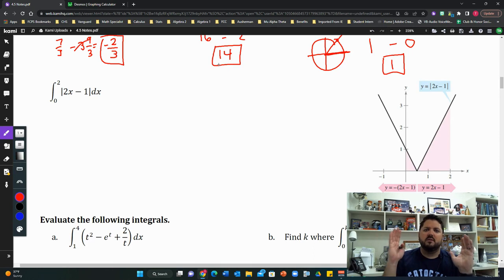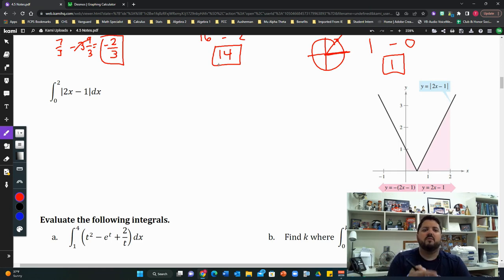If you go back and look at the list of antiderivative rules that we used back in 4.1, there is no absolute value function listed there, and that's because absolute values are piecewise functions. They are a set of pieces of different functions, opposite functions, paired together to make one continuous graph. The issue with that is I can't just do one integral to solve this problem.